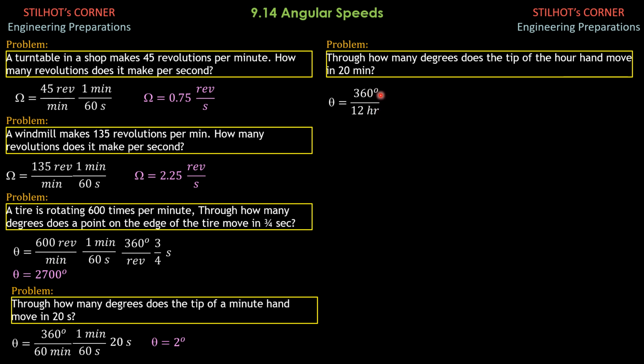I hope you can imagine that one revolution of the hour hand, that's 360 degrees, corresponds to 12 hours. We multiply this by 1 hour per 60 minutes. So the unit now is degrees per minute.